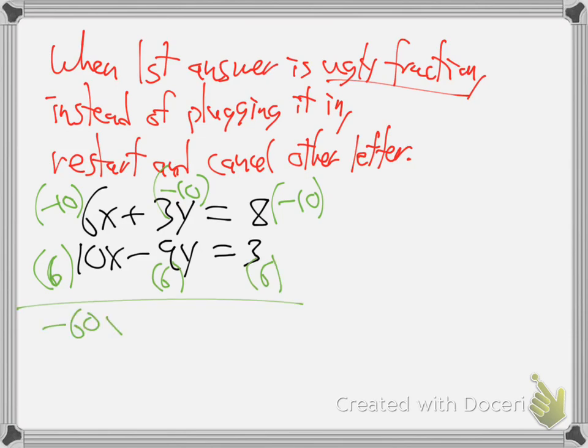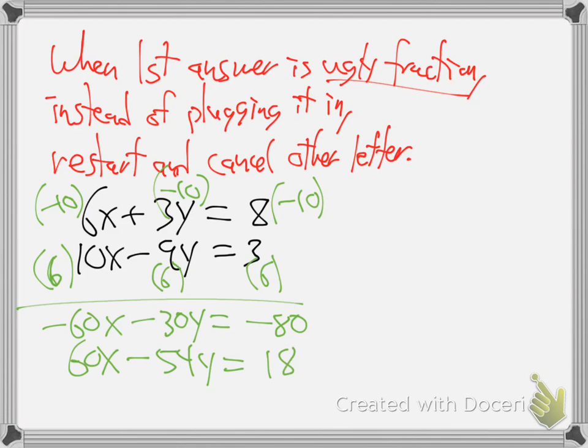Then it'll be negative 60x, minus 30y, and minus 80. And the bottom equation will be positive 60x. See how the x's will drop out now? Same number, both are 60, one negative, one positive. So this time we're getting the x's to drop out instead of the y's.